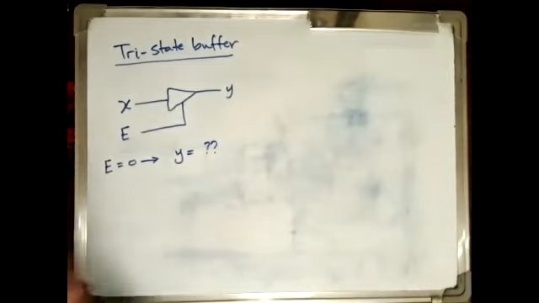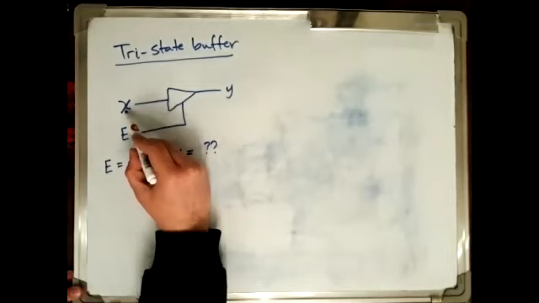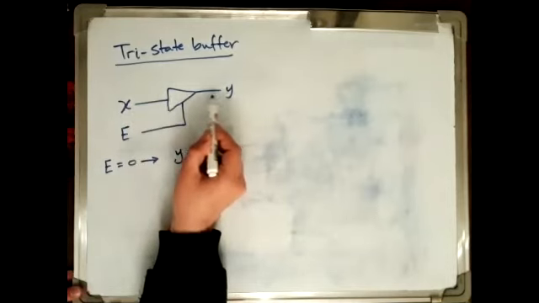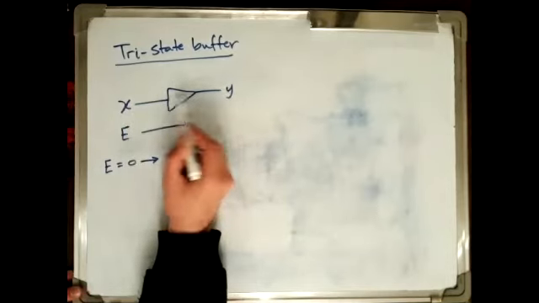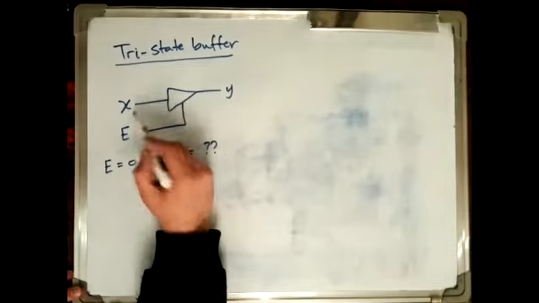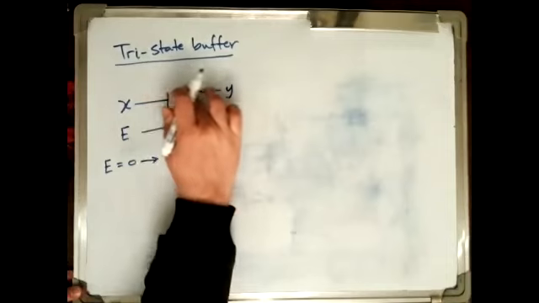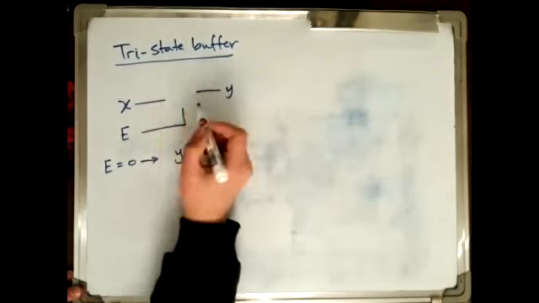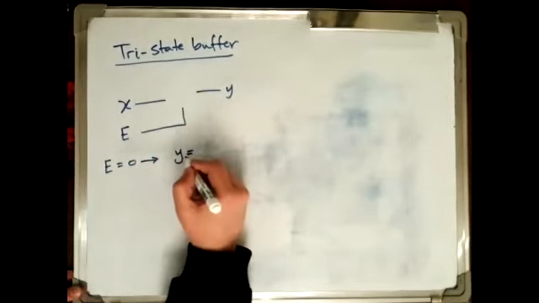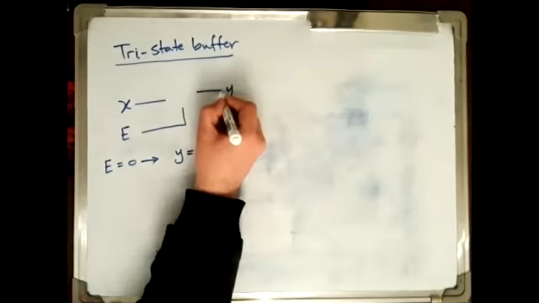We said Y, when E equals 0, this disables X from reaching Y. In other words, the output is not connected to X, so Y cannot take the value of X. Y is not affected by X. Since there is no path between X and Y, the voltage at this point is not defined or is unknown.